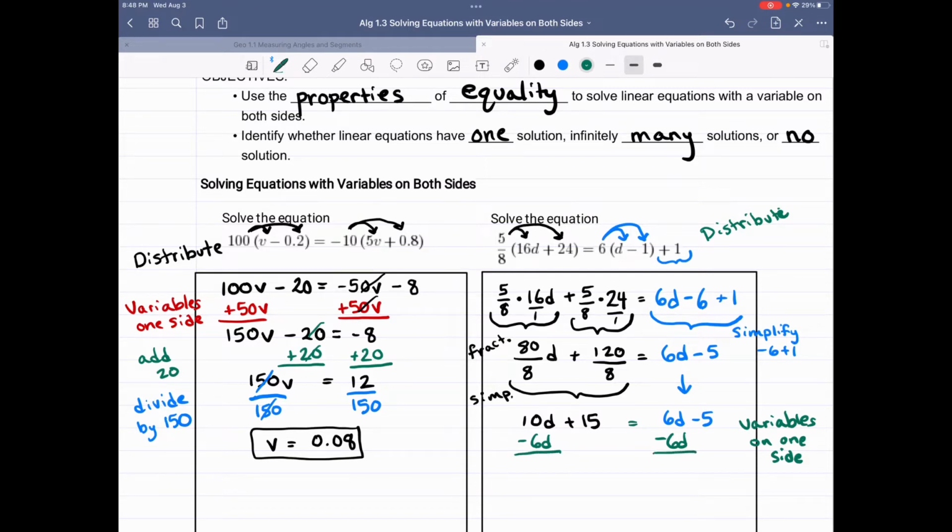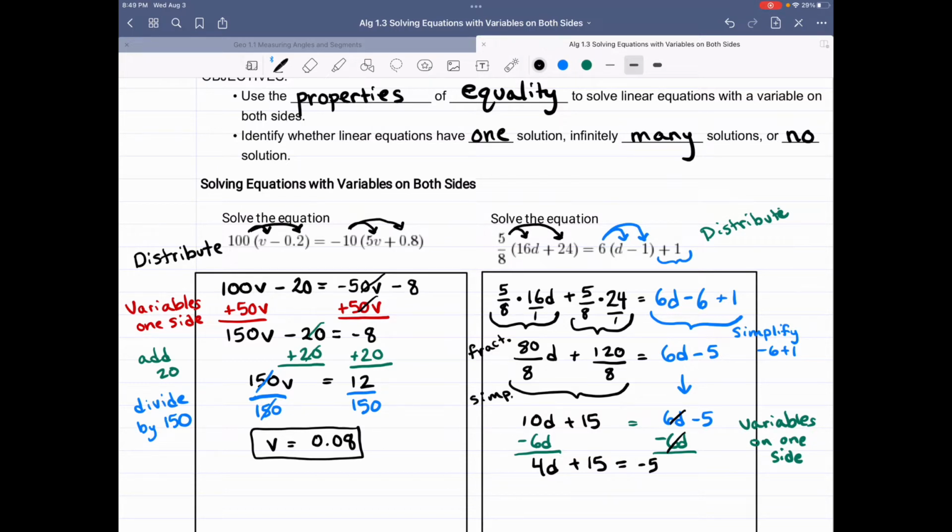And I didn't put it under the 15 because the 15 doesn't have a D. So this becomes 4D, right? 10 minus 6 plus 15 equals, this cancels, leaving us with just minus 5. See how it's getting smaller and smaller as we go? It's how we started in the beginning. It was a long equation, and it's just getting more simplified.